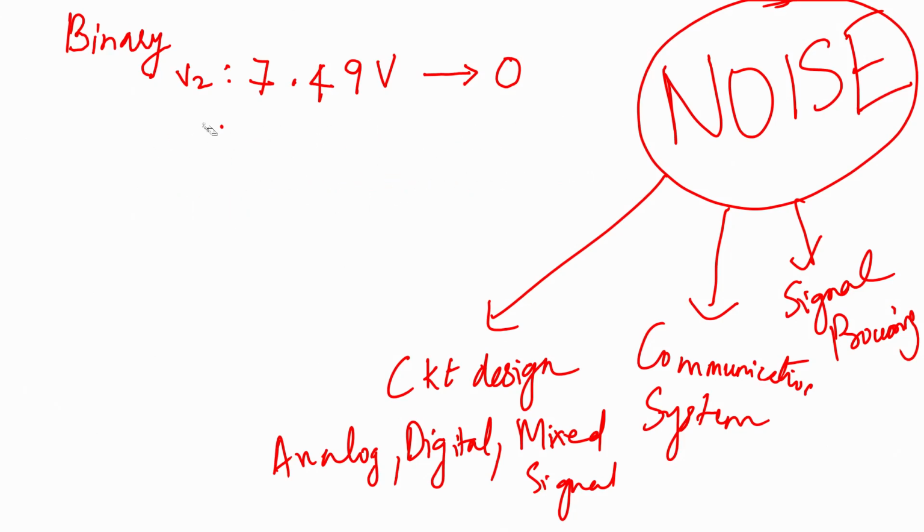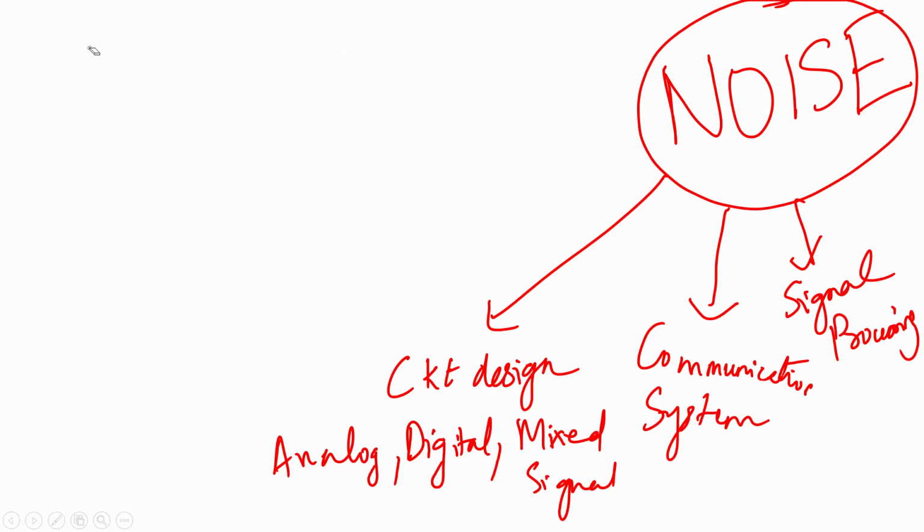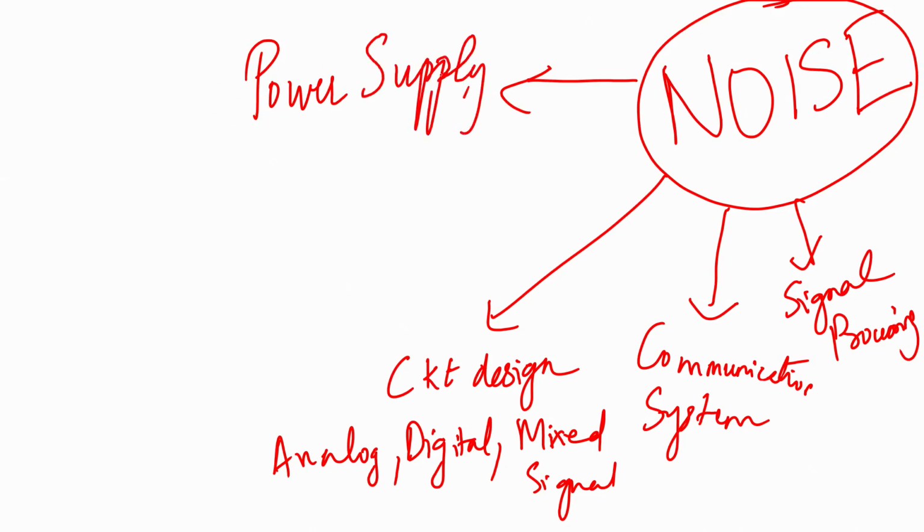What other domain of electronics do you think is there? Actually, noise is there in everything that you study in electronics and electrical. Noise is there in power supply. If you are designing power supplies, there also noise comes.